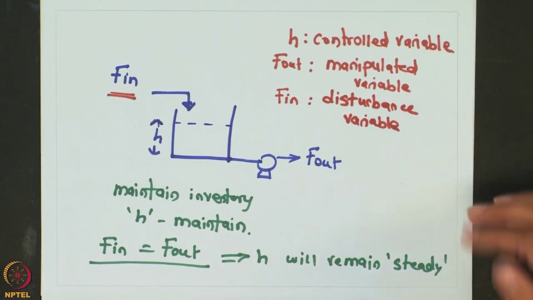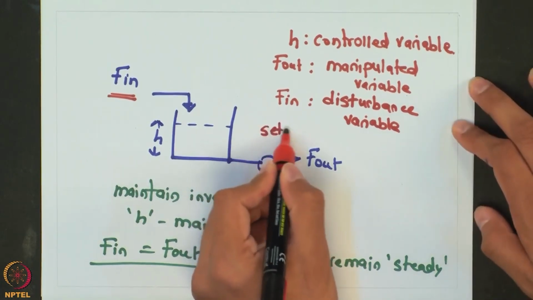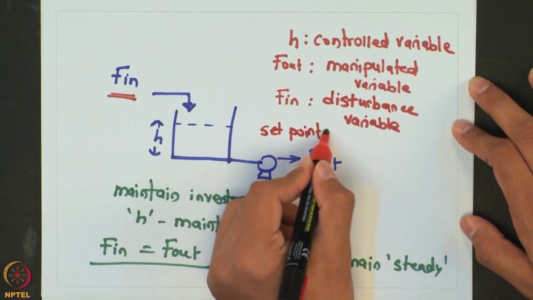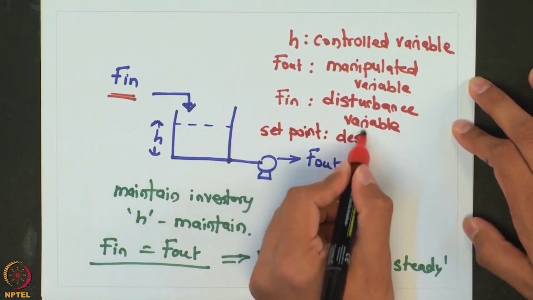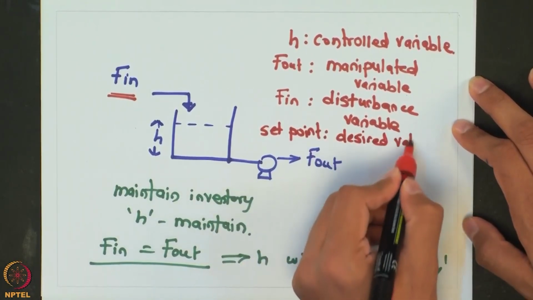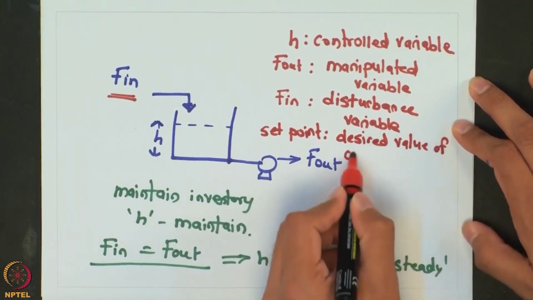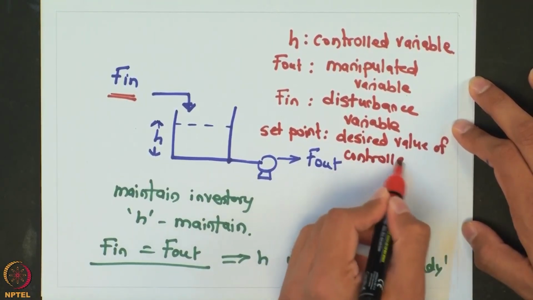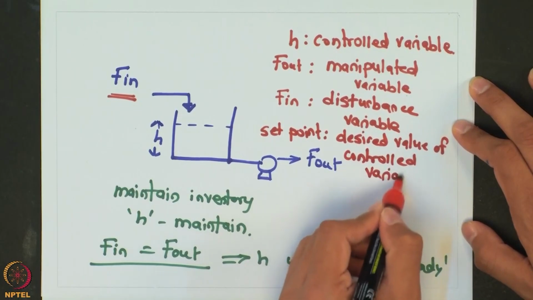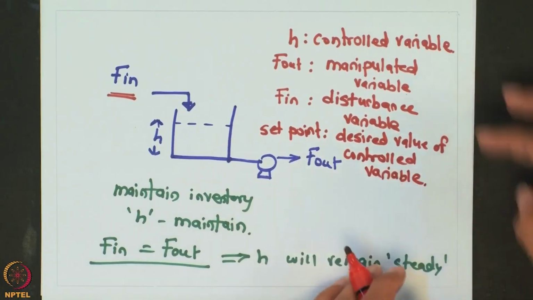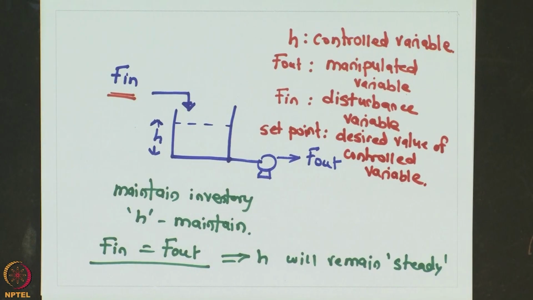In this case, the desired value of level was around 50%. So that desired value is known as a set point value. So going forward, we will be using this nomenclature.